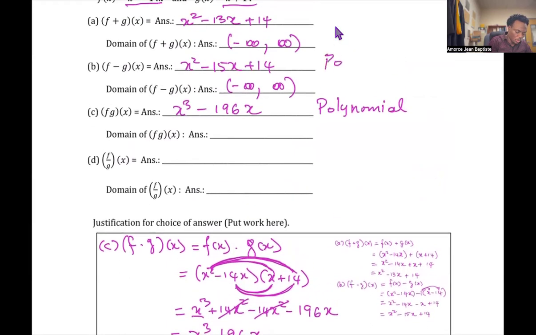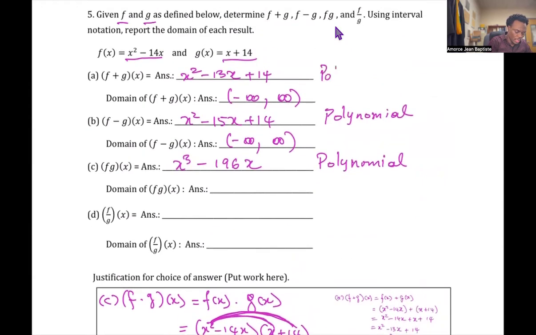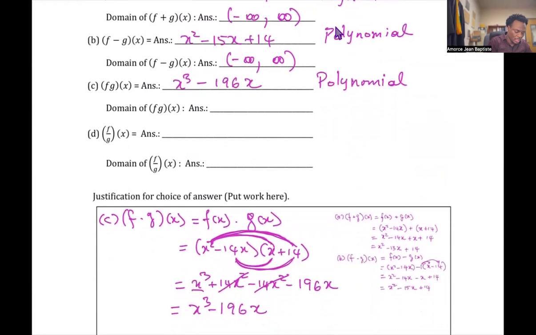All polynomial functions will have a domain that is all real numbers.